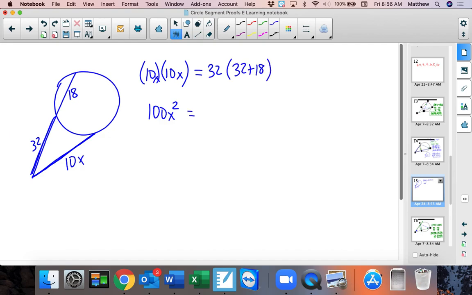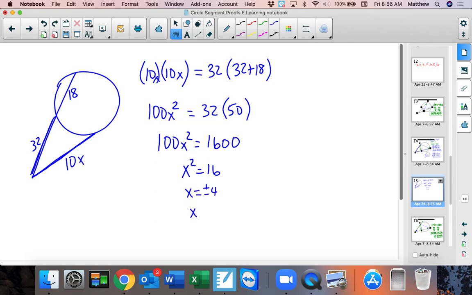So we got 32 times 50. So we got 100 x squared equals 1600. X squared equals 16. X would be plus or minus 4, but obviously we can't have negatives, so it's just x equals 4. And you could go put that back in there and see if that would make sense.